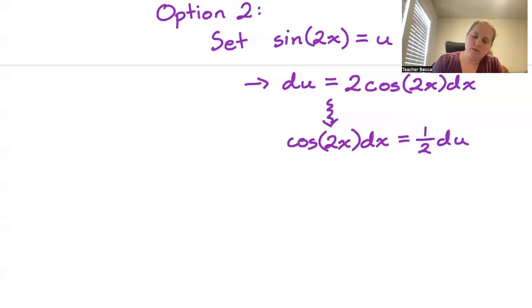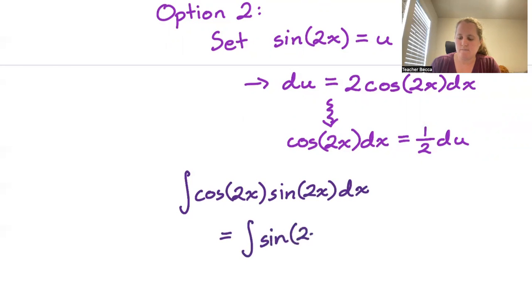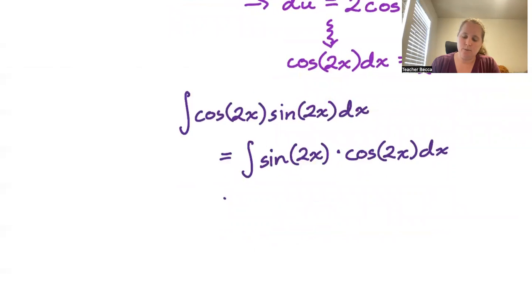Plugging into our integral, we have the integral of cosine of 2x times sine of 2x dx. We can rearrange this. So it's sine of 2x times cosine of 2x dx. That sine of 2x is our u. So we're looking at the integral of u.